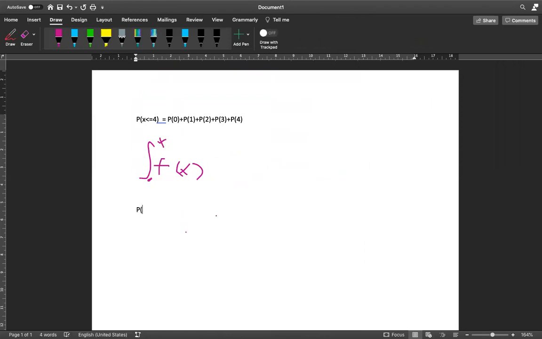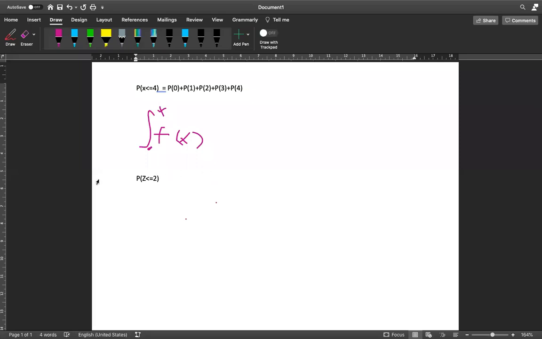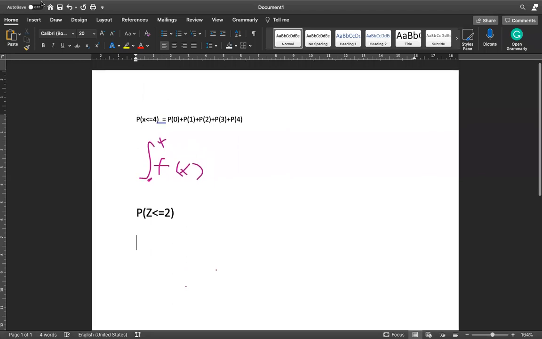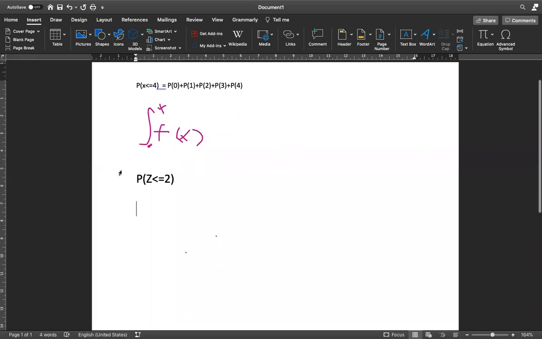Let's say that x is normally distributed, and we've found the z, and we are looking out for the probability that z is less than or equal to, say, 2. We are looking out for this probability. What we would do first of all is to draw the normal distribution curve and identify the area that corresponds to this probability.